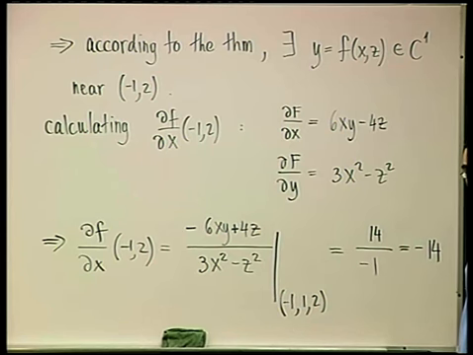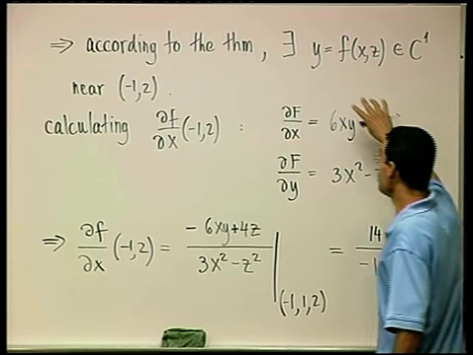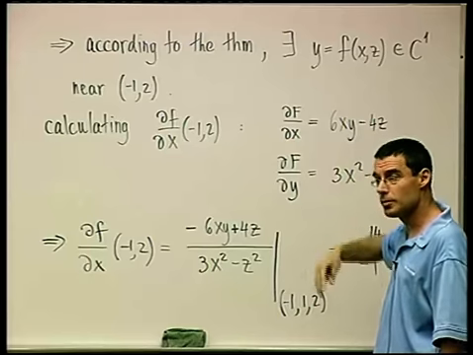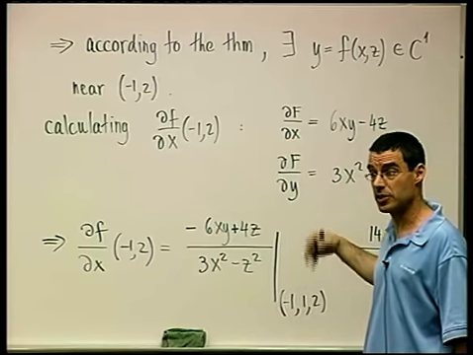Clear? Yes? Are we always going to find y in terms of the other variables? Like, can we find z in terms of that? Yeah, so in this example, I asked you to find y in terms of the other variables, which in this case were x and z.